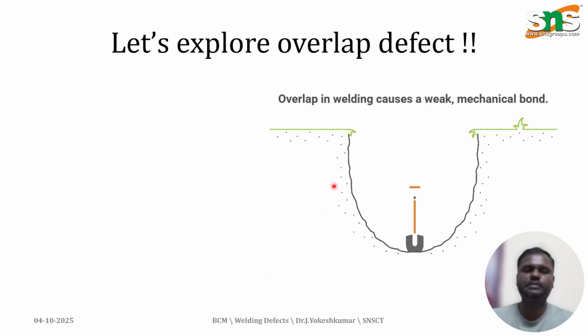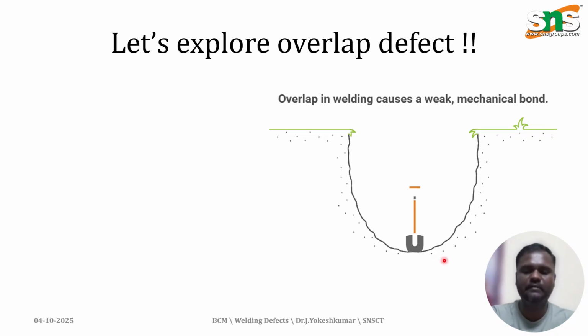Coming to this picture, what do you see in this picture? An overlap in the weld causes a weak mechanical bond. Here there is a pathway, and as a continuation of this pathway, there is a deep valley on it, and again it continues. This is what the overlap causes in the weld bead.